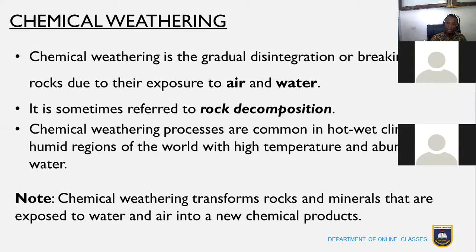So air and water are very, very important. When you consider air and water, they are crucial in the process of what? Chemical weathering. For chemical weathering to take place, the rocks' exposure to air is very important. At the same time, their exposure to water is also very important.